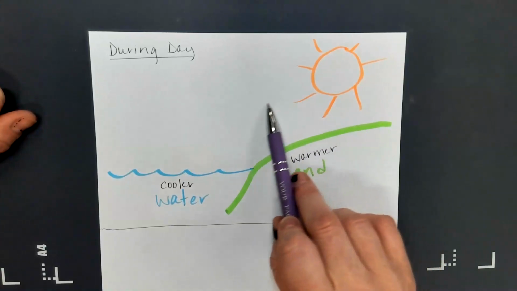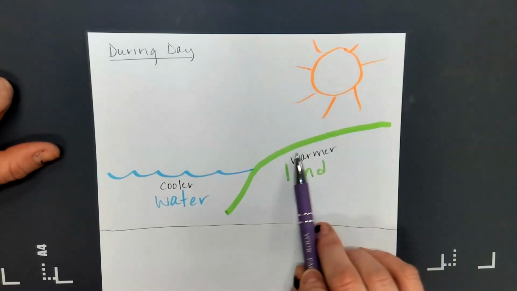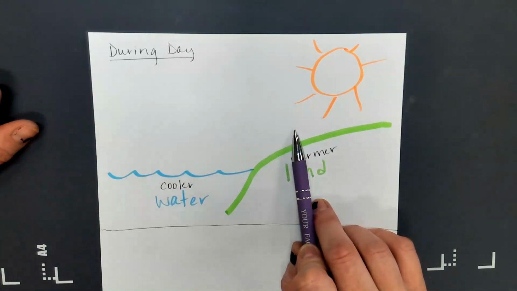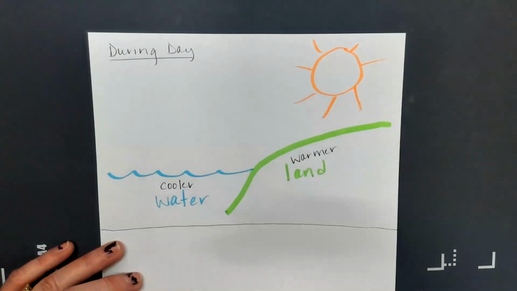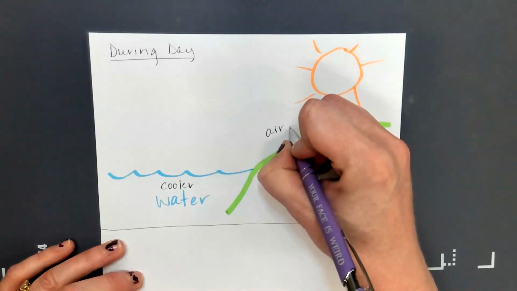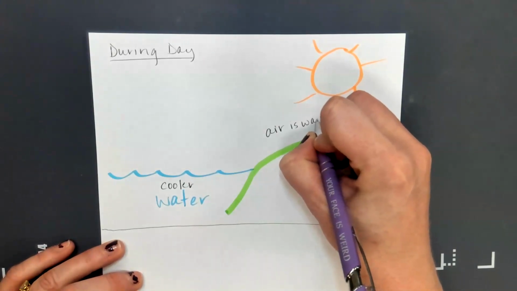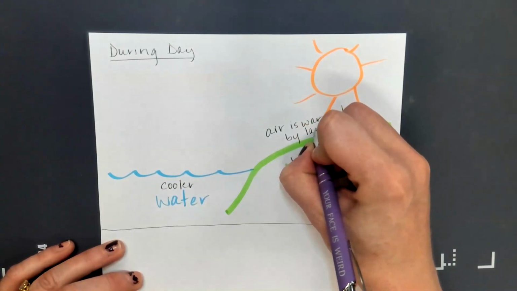It gets warmer, right? Because it's warmer, it's going to transfer its heat to the air. So the air above the land is going to get warmed by the land.